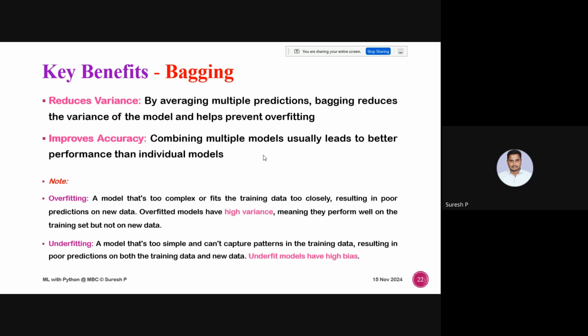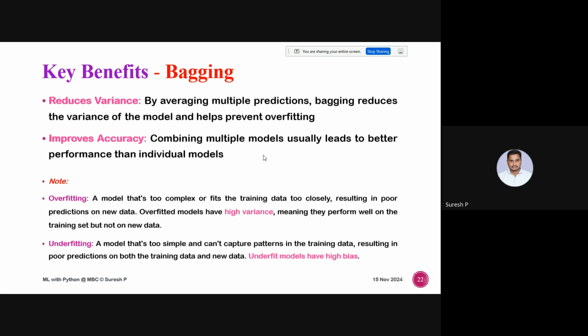Next is underfitting. Underfitting is when a model is too simple and cannot capture patterns in the training data, resulting in poor predictions on both training data and new data. In overfitting, the model is too complex. It generates accurate predictions during the training, but in the testing, it does not predict correctly. That is called overfitting. But in underfitting, the model does not learn enough to capture the patterns in the training period.